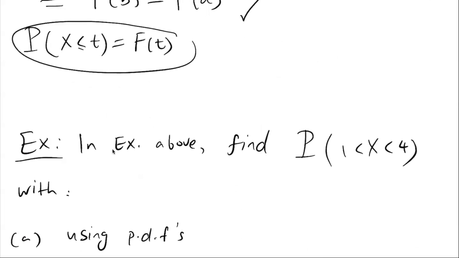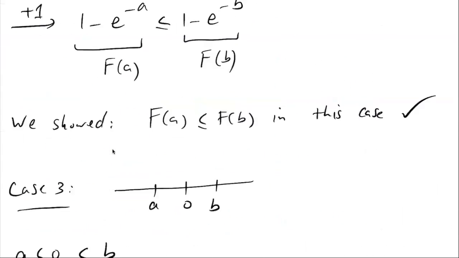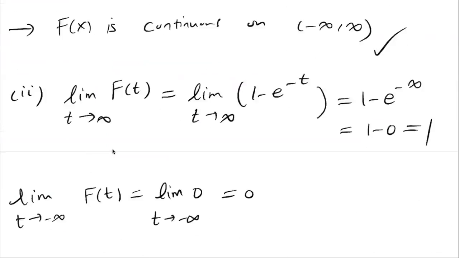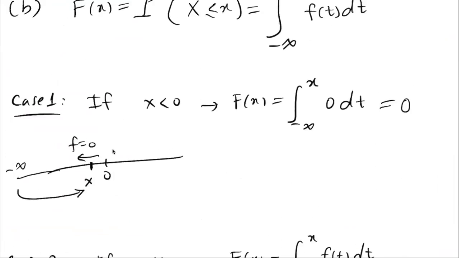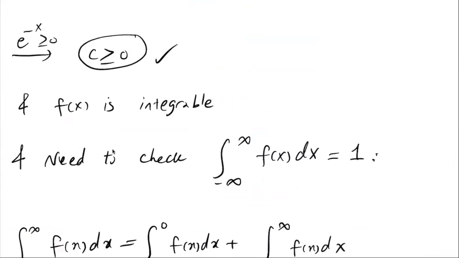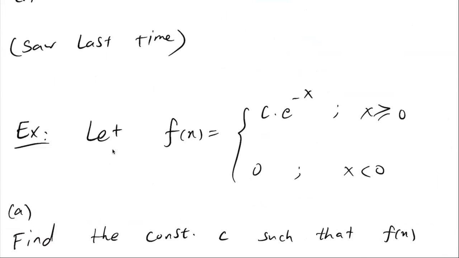We know that the probability that X is between two numbers, A and B, is simply the same as the integral from A to B of the PDF. So in the example above, I mean the example where the PDF was given, this example, the PDF is given.